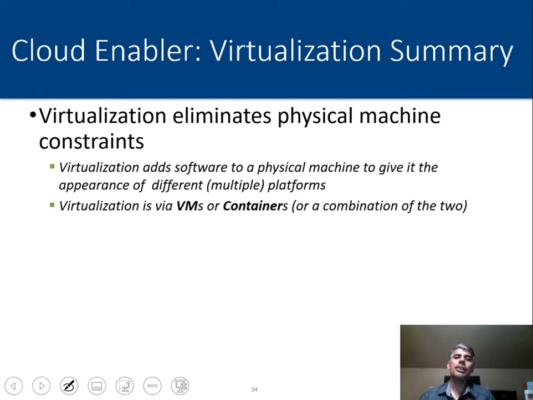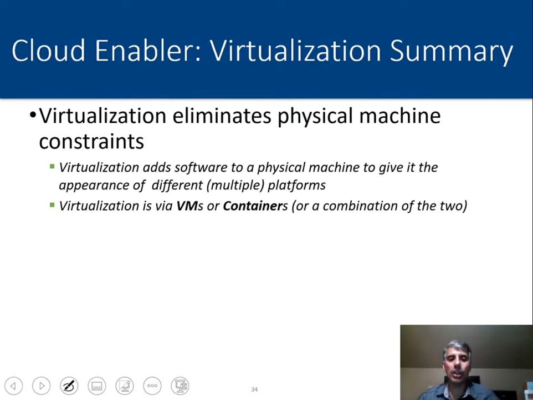All right, with that, we can wrap up the virtualization part of this chapter. This is an important part of this chapter. We talked about the fact that virtualization decouples the hardware from the software layer, from the operating system layer, from the package layer, from the application layer.